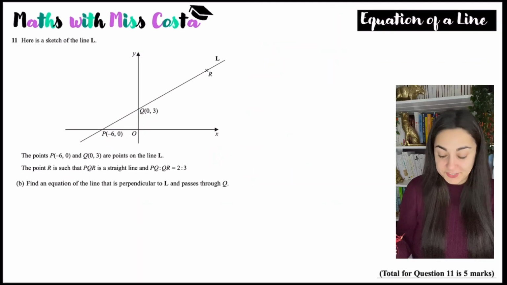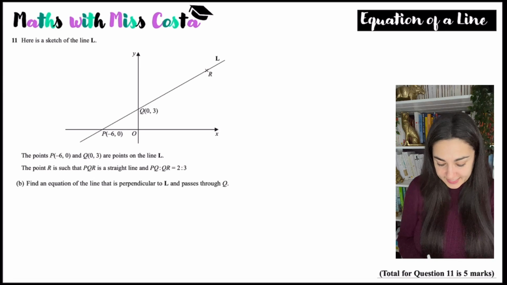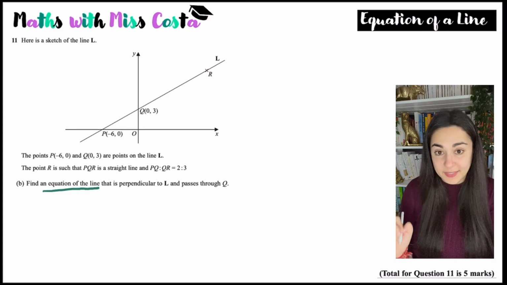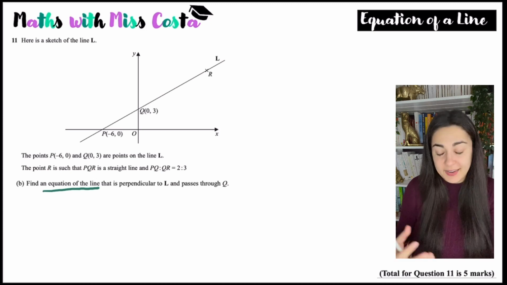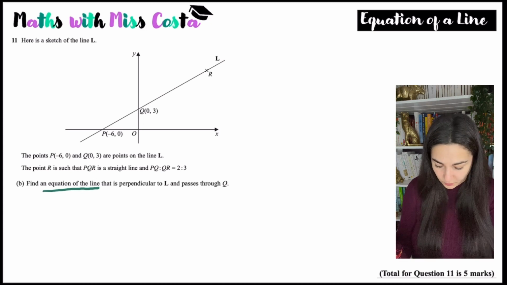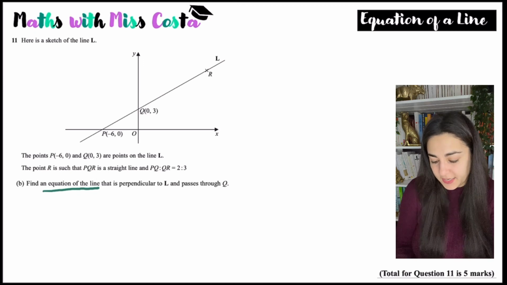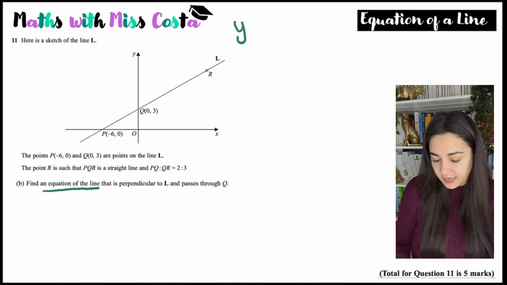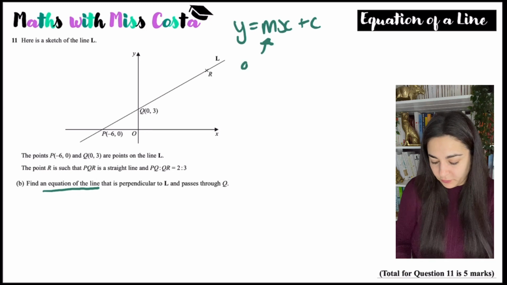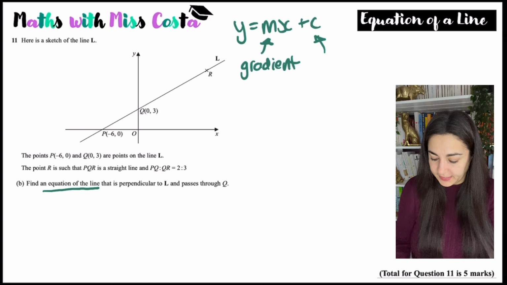Okay, so in this question, we're being asked to find an equation of the line that is perpendicular to line L. So, same graph that we've been dealing with before. Just now we need to find an equation of the line that is perpendicular to it. So first things first, we need to know that every line can be written in the form y equals mx plus c, where m represents the gradient and c represents the y-intercept.